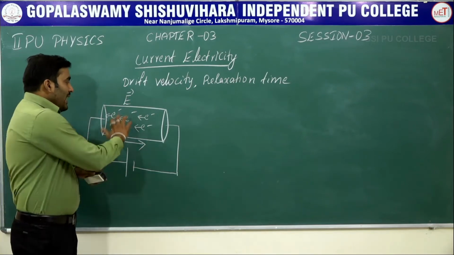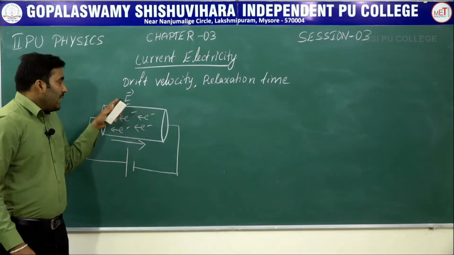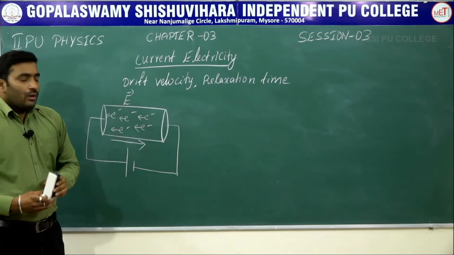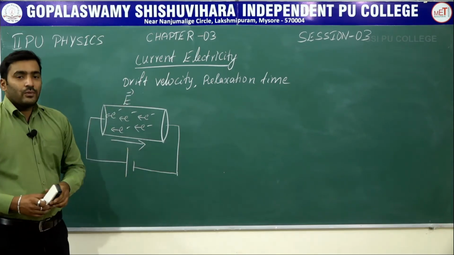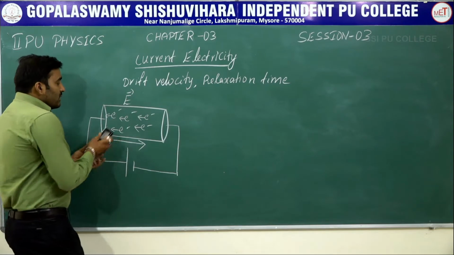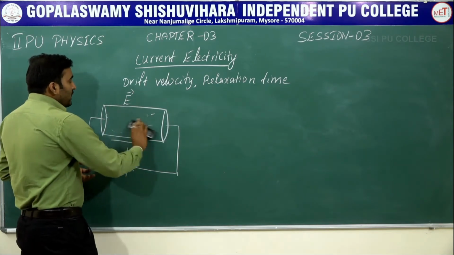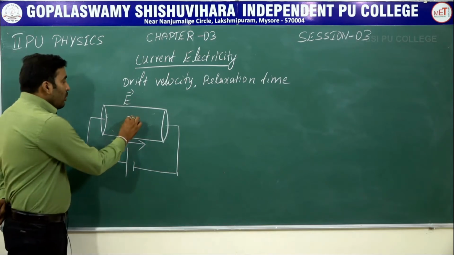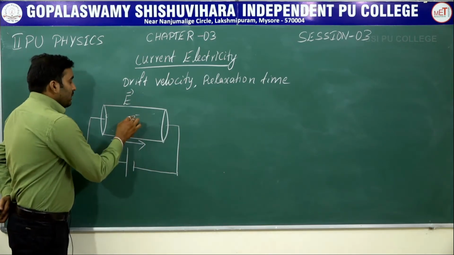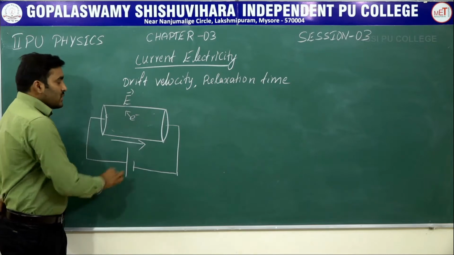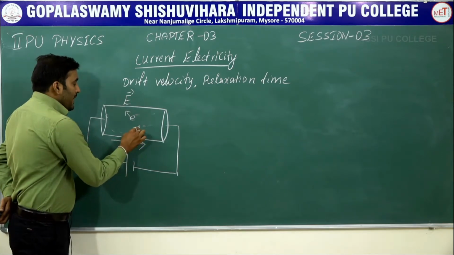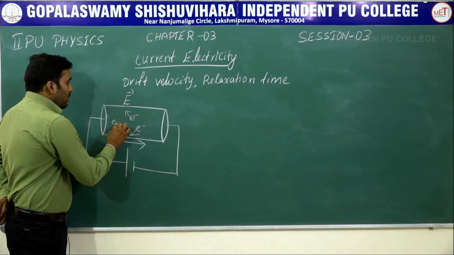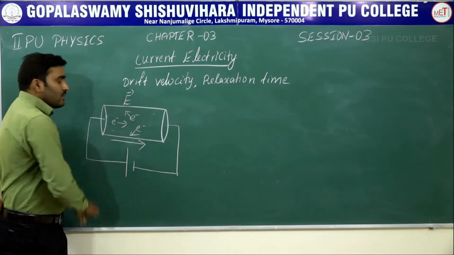Now in the absence of an electric field, that is when we have not connected the battery, the electrons do not have a preferred direction. They are moving randomly in a conductor. One electron may move like this, another like this, and one like this.